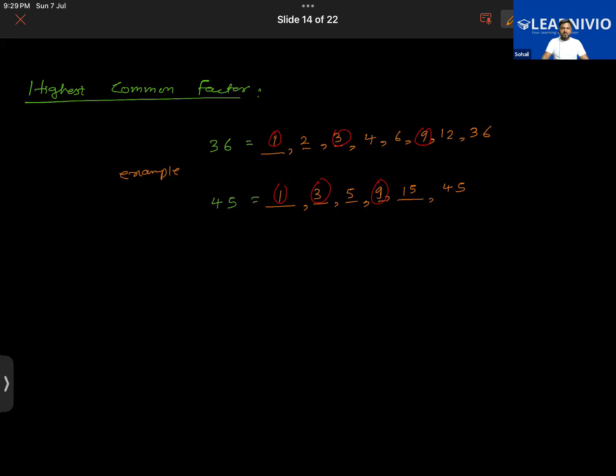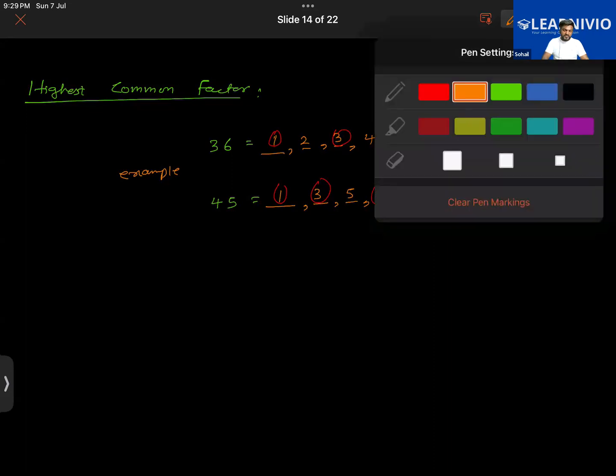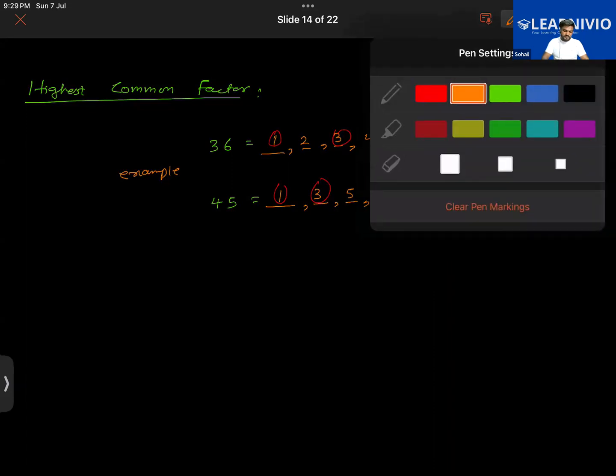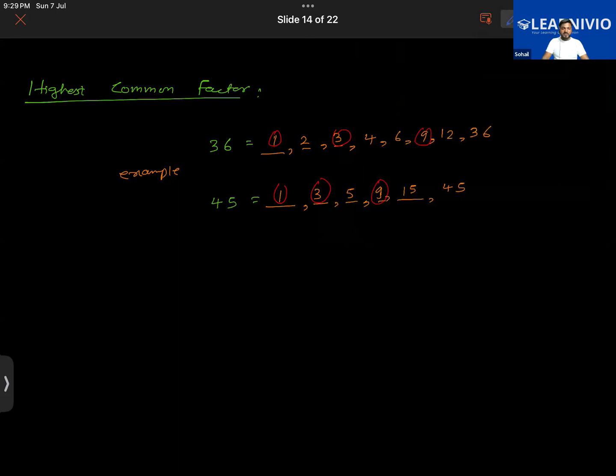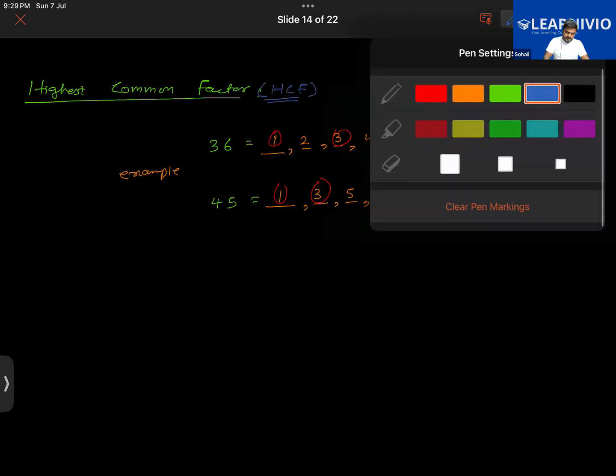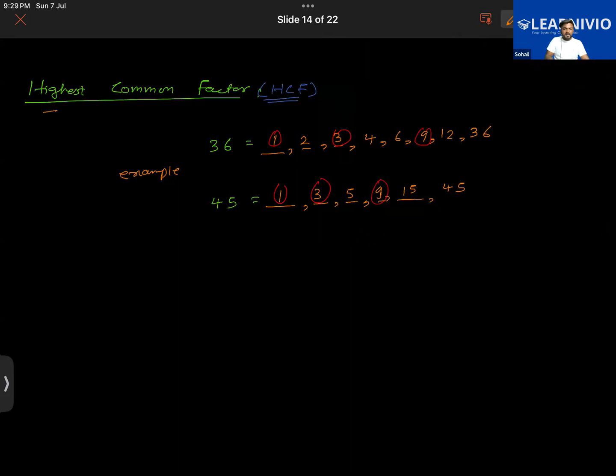Leave one or two lines for the definition of highest common factor. So first of all, write the definition of highest common factor. You will explain it in this manner: Highest common factor, in bracket you will be writing HCF actually. Okay, so write down this definition.